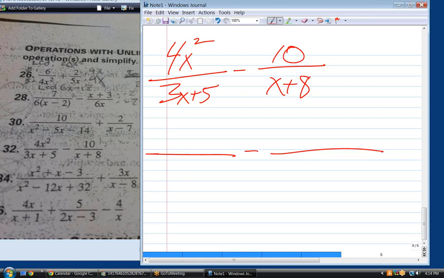It's going to be 3x plus 5. Doesn't that have to be there? It's got to be part of it, but is that alone going to be a least common denominator? No, because x plus 8 does not divide evenly into it. Well, what would be divisible by both of these denominators?